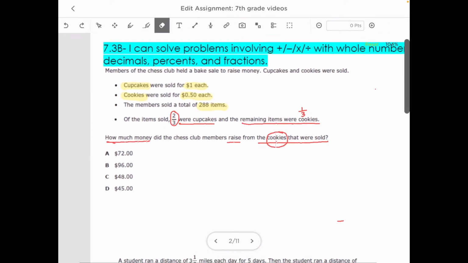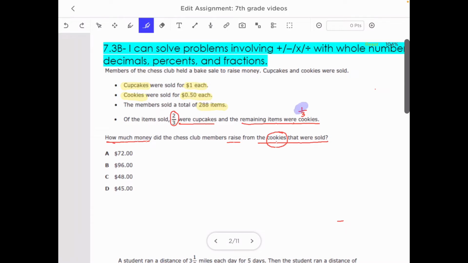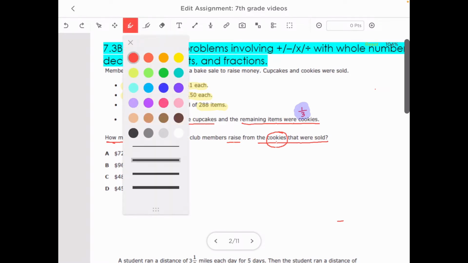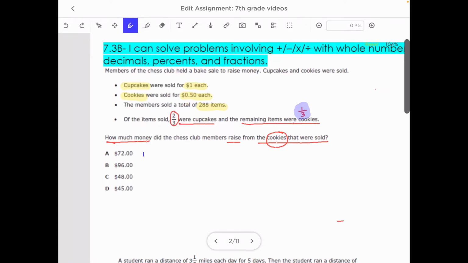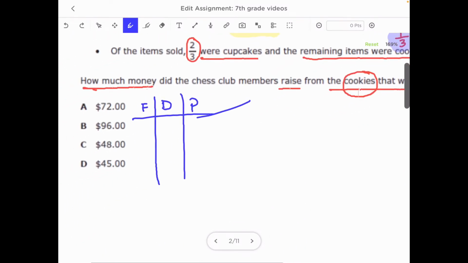Now, what I'm going to do is take this number right here, the 1/3, and first, I need an FDP chart to convert that number. So with this number, the 1/3, I'm going to put it on my FDP chart right over here.